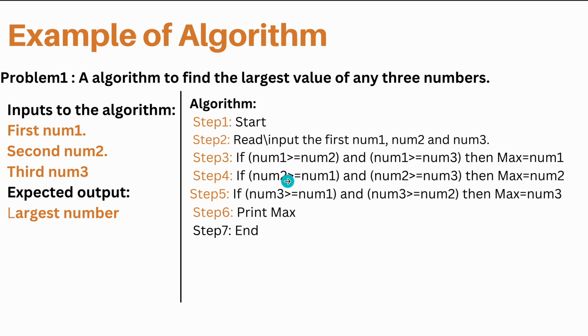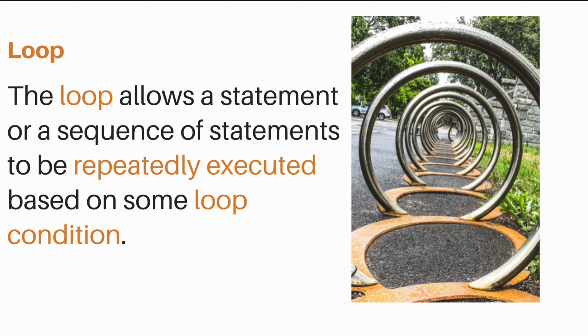There may be chances that number 3 is the largest. How will we check? We compare it with number 1 and then number 2. Then number 3 is the largest if it is greater than number 1 and number 2. Finally, the next step is to print that maximum number, and we should stop, right?